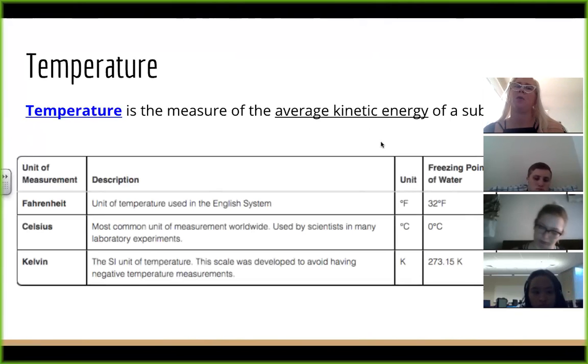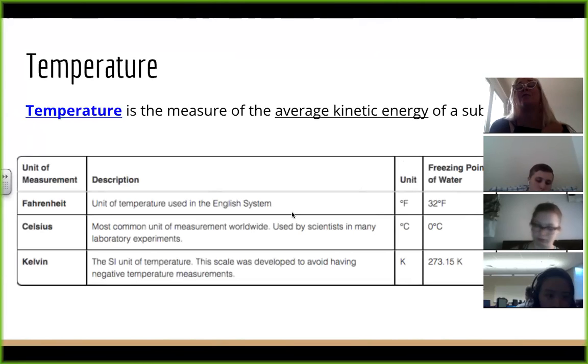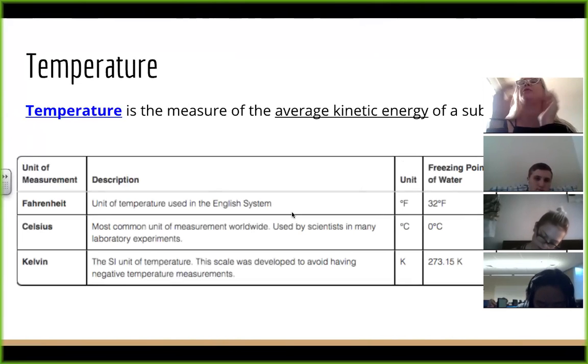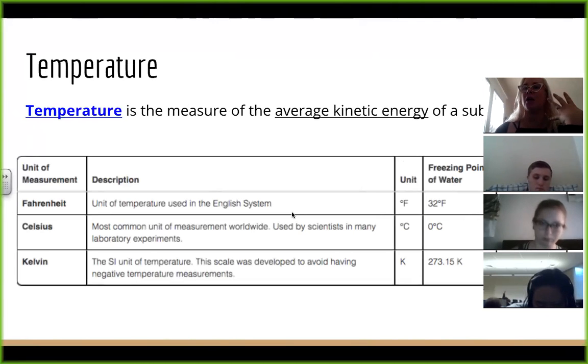Temperature, right? Temperature is another way that we can measure energy because it is the average kinetic energy of a substance. So when you take your temperature, you're measuring the average amount of kinetic energy inside your body, right? If we take the temperature of the air, we're measuring the average kinetic energy in the air.